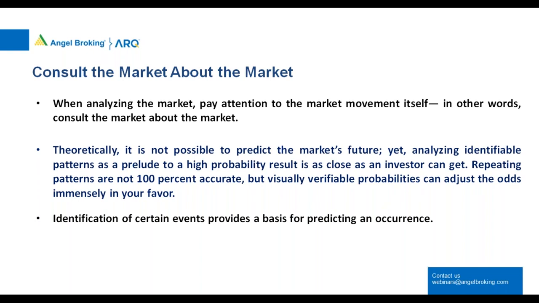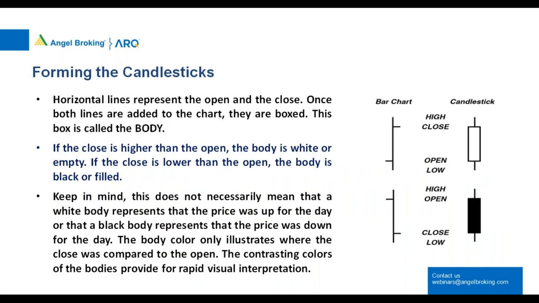Through candlestick recognition, the name Shokyu Honma is associated with successful investing in Japan, as the name Bill Gates is associated with successful computer program marketing in the United States. Learning to consult the markets, as Honma did a few hundred years ago, will greatly enhance your investing or trading probabilities in the market today.